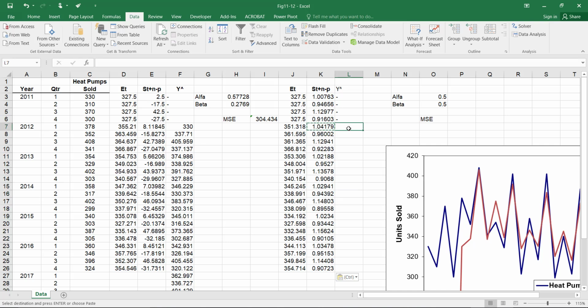Now the forecasting is this value multiplied by this value. So again, remember here we had a summation, but here we have a multiplication.